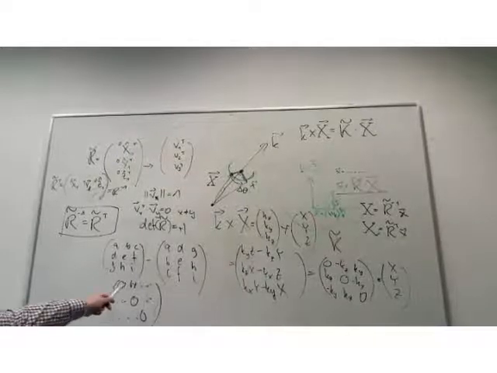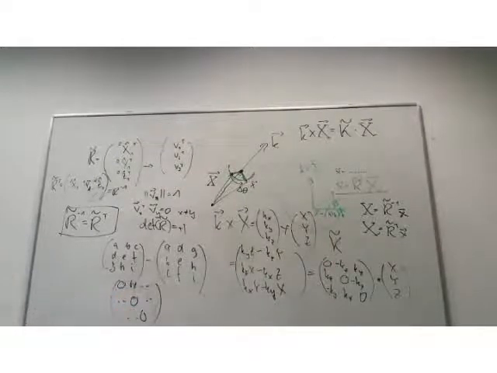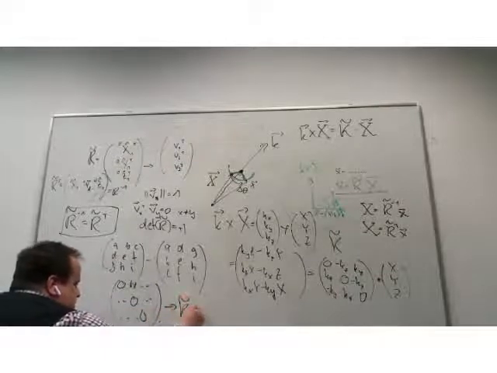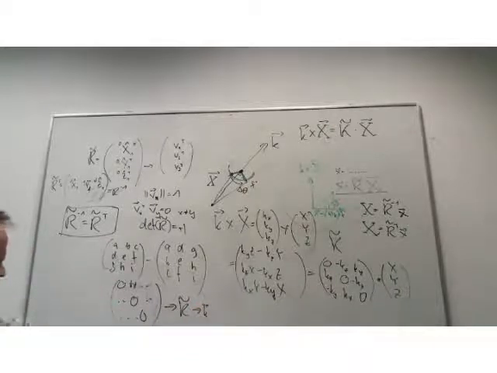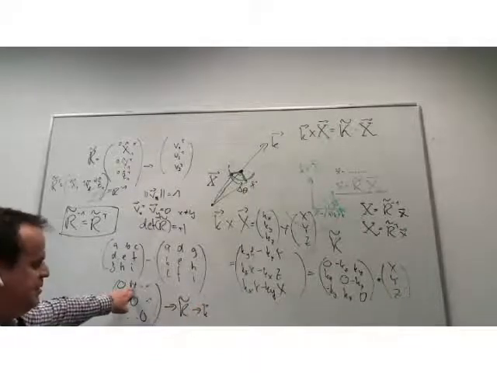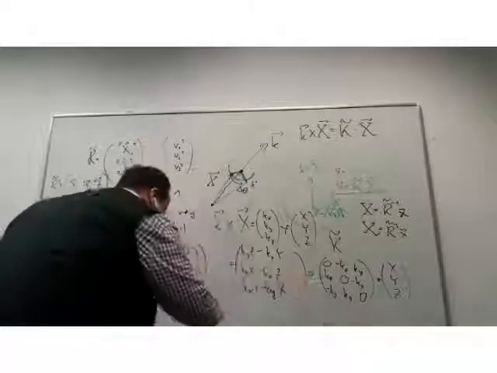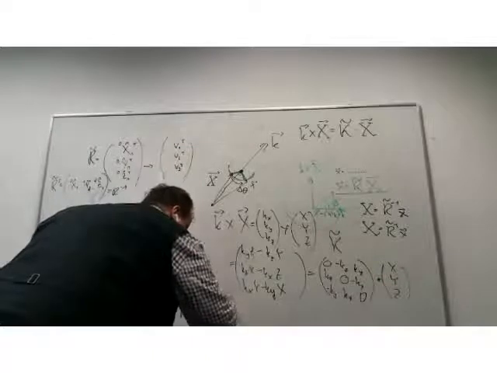So now if I take these values, so this is my K skew, and from this I can build my K, just by taking this numerical element and putting it with minus as a Z component.